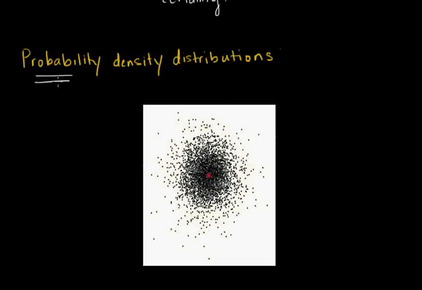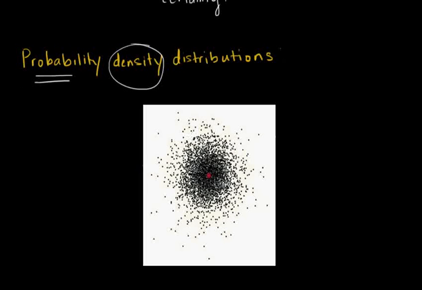Probability, you know what probability is, but in this case it refers to the chance of finding an electron at any given point around the nucleus. And we relate probability with density in this diagram. What does that mean? Well, we have all these dots. This red thing here is obviously the nucleus, the center of the atom.